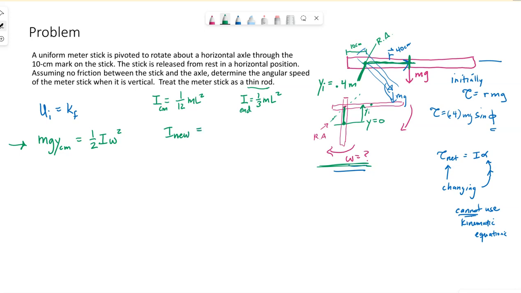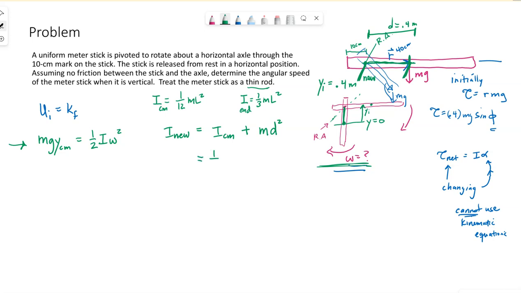If you remember the parallel axis theorem, this new axis is parallel to the one that goes through the center. The parallel axis theorem tells us that I nu is equal to I center of mass plus md squared, where d is the distance between the center of mass and the new axis. So the 0.4 meters, the 40 centimeters.